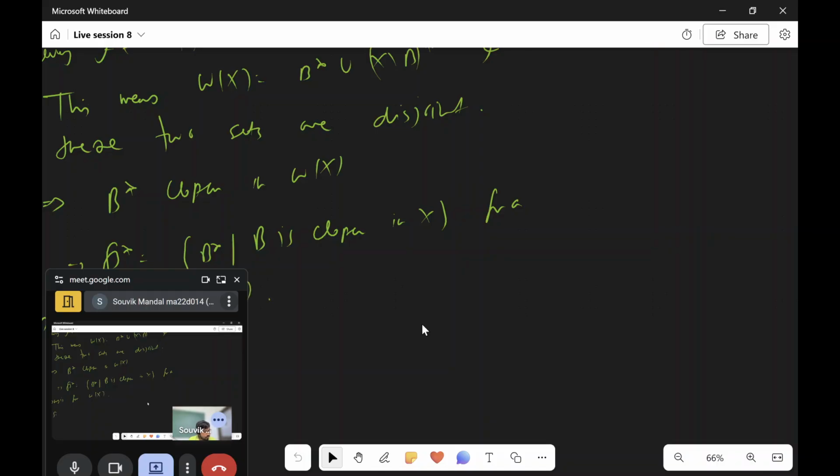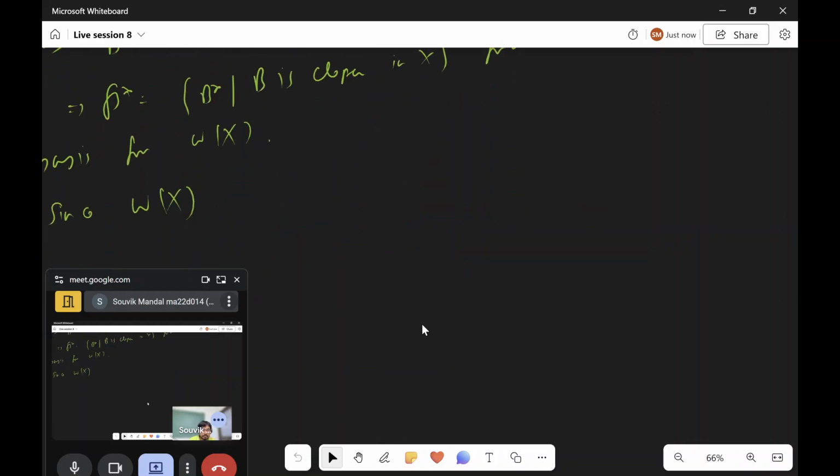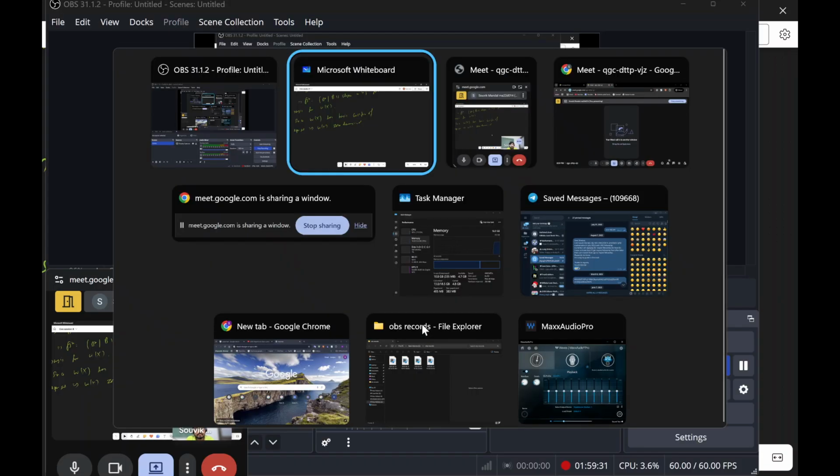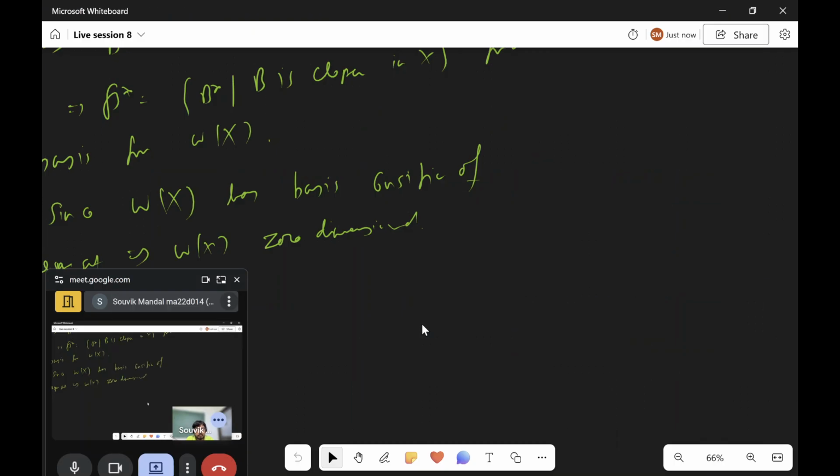Now since W(X) has a basis consisting of clopen sets, this implies W(X) is zero dimensional. So that is the argument.